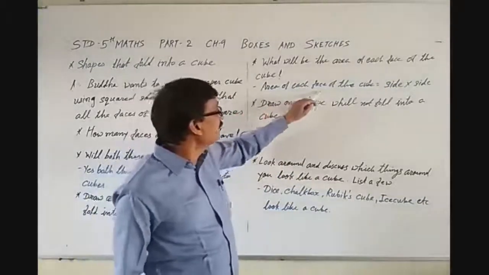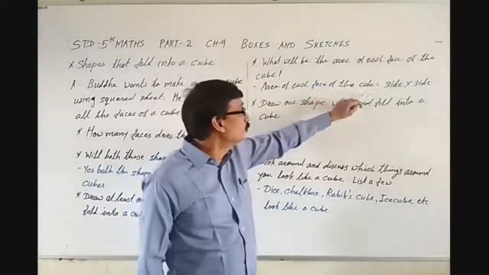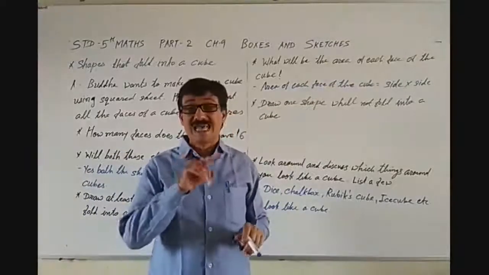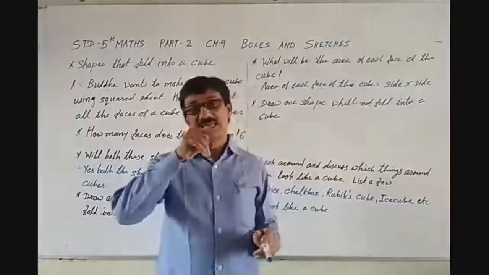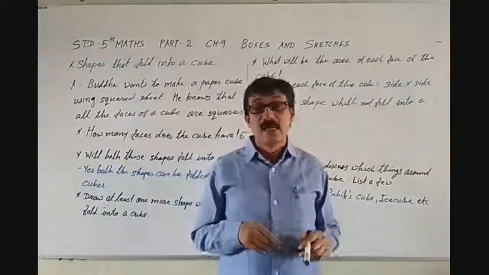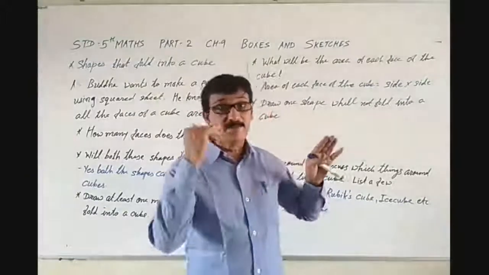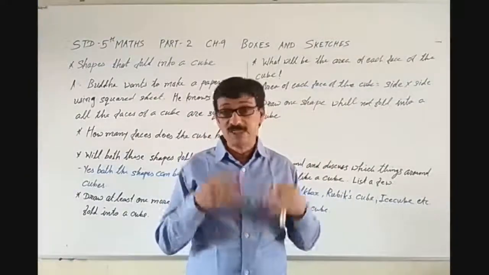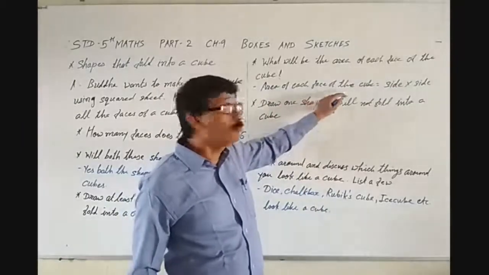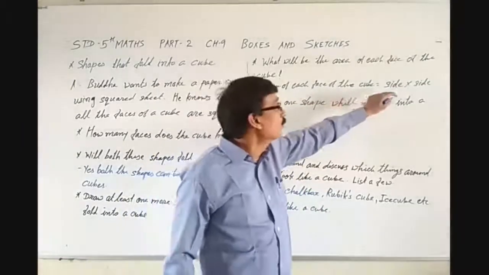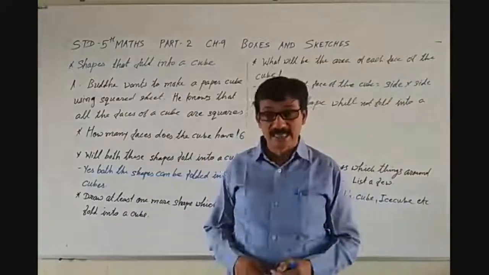Area of each face of the cube is equal to side multiplied by side. In fact, we can say length multiplied by breadth. But here, length and breadth both are the same. That is why both are side.